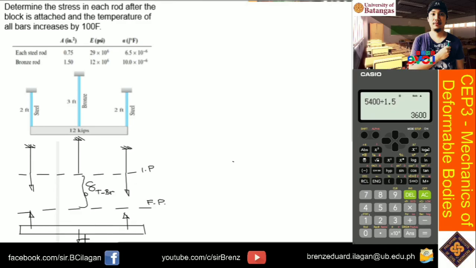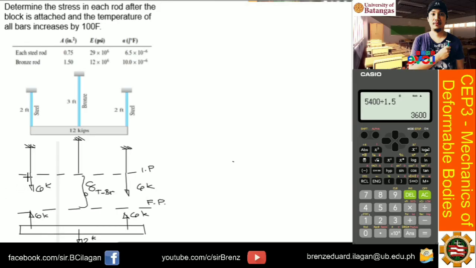Tama, yung 12 kips niya is itong steel rod na lang. Therefore, dadalhin ng dalawang steel rod. Okay, kung 12 to, since symmetrical naman yan, meron kang 6 kips dito, and sa kabila, meron ka ding 6 kips. So 6 kips and 6 kips.